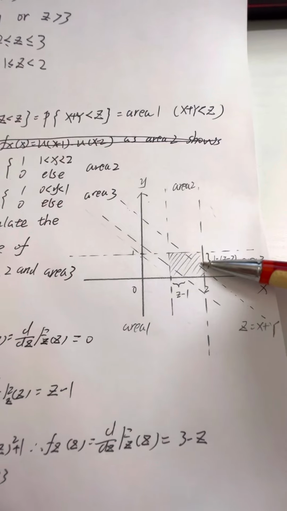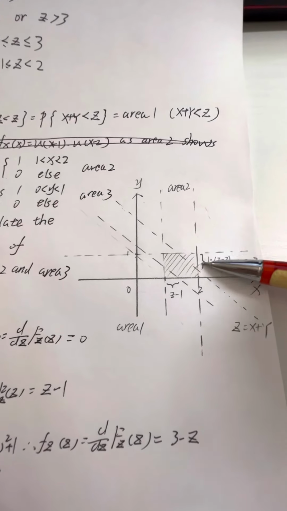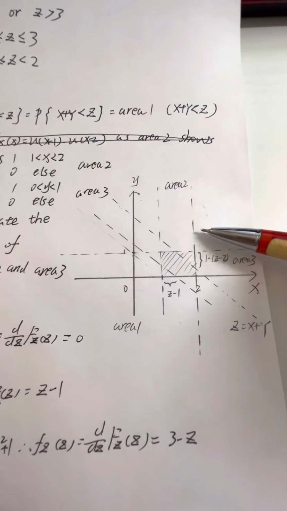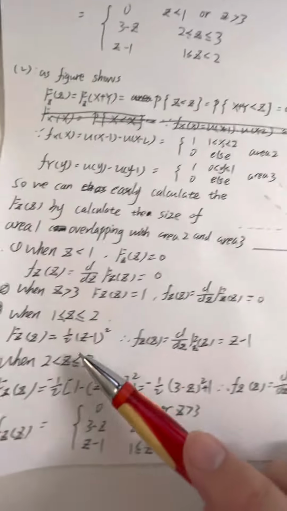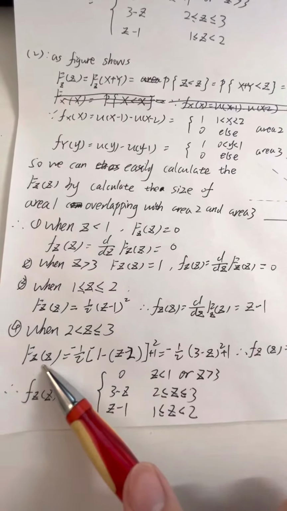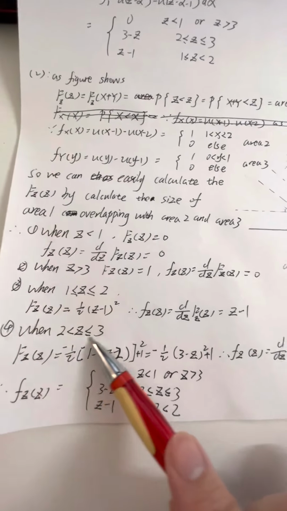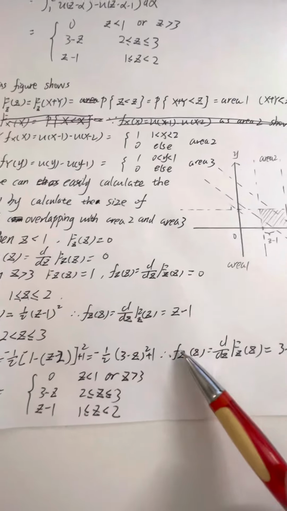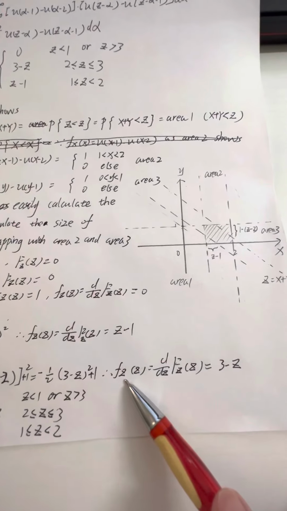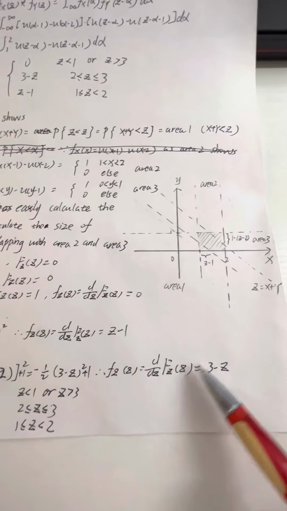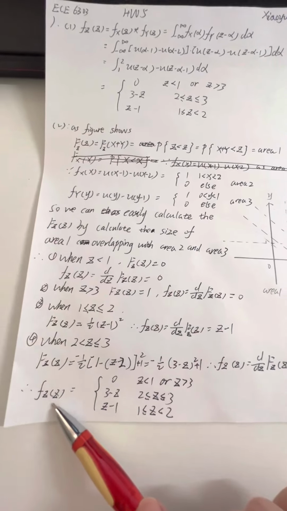So the area of this small triangle is 3 minus z times 2 divided by 2. And here it is, the probability of z in this situation, and when we differentiate, we get the PDF of z. And here, in conclusion, is the PDF of z.